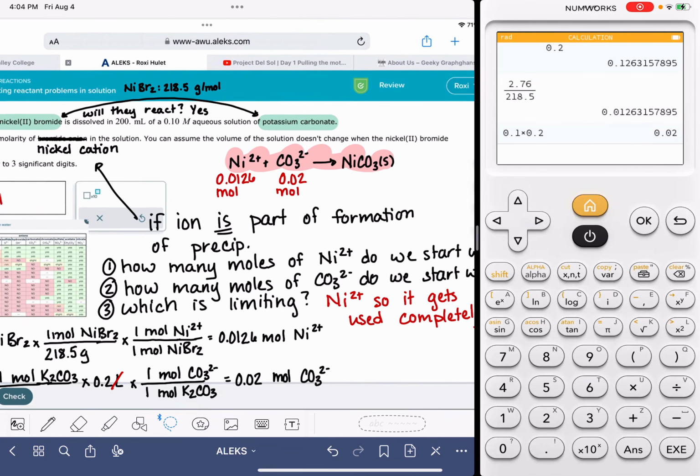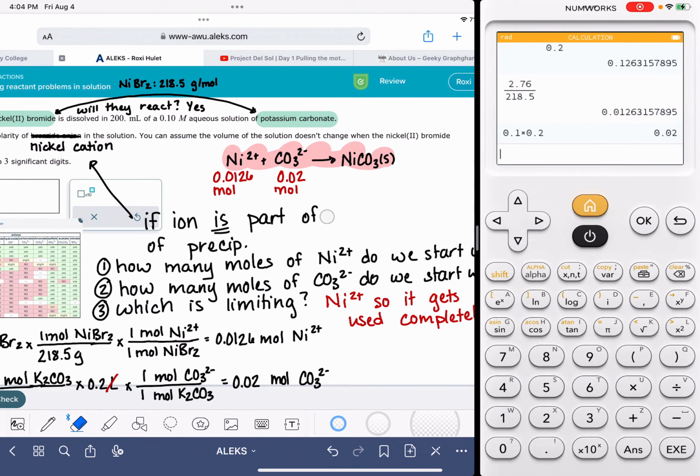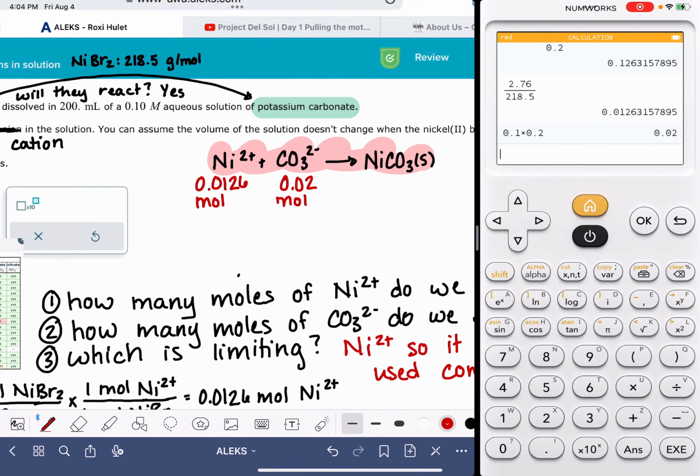What I would like to do is, I got to erase a little bit here. So because that nickel ion is being completely used up, we're going to use all 0.0126 of it. When the reaction is done, there's going to be none left. So the molarity is 0.